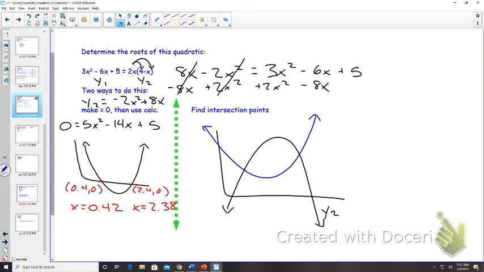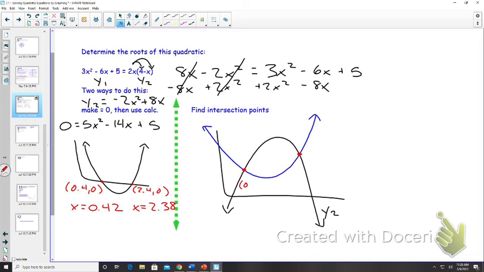So we are concerned where these two lines intersect, right there. Those are when they are equal to one another. You can just find your intersection points using your calculator: second, trace, intersect.